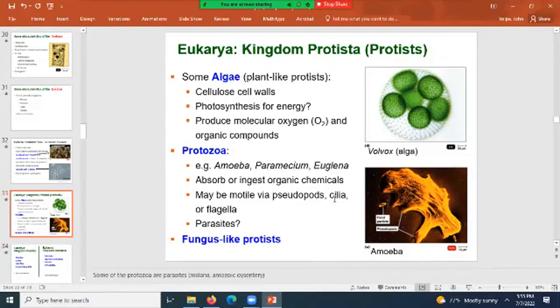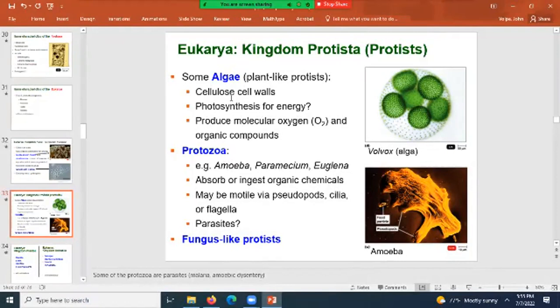Kingdom protista is a grouping of eukaryotes which do not belong to animals, plants, or fungi. And we can break down the protista into the plant-like protists, and that includes some of the algae, if they're single-celled algae.